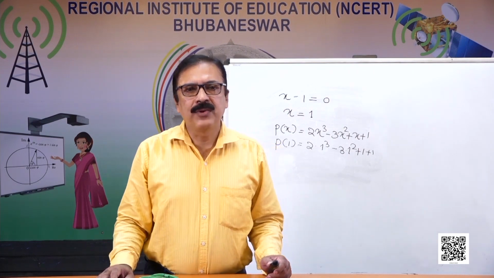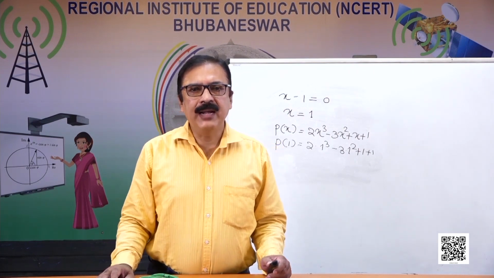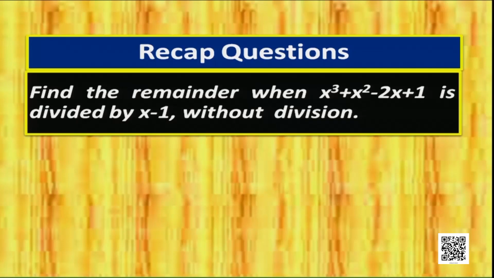see some questions. Find the remainder when x cube plus x square minus 2x plus 1 is divided by x minus 1. How to find this without division?